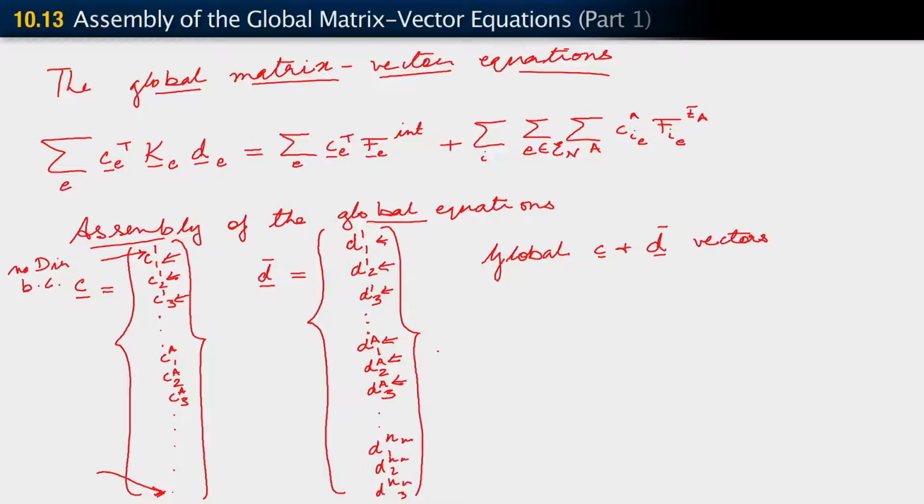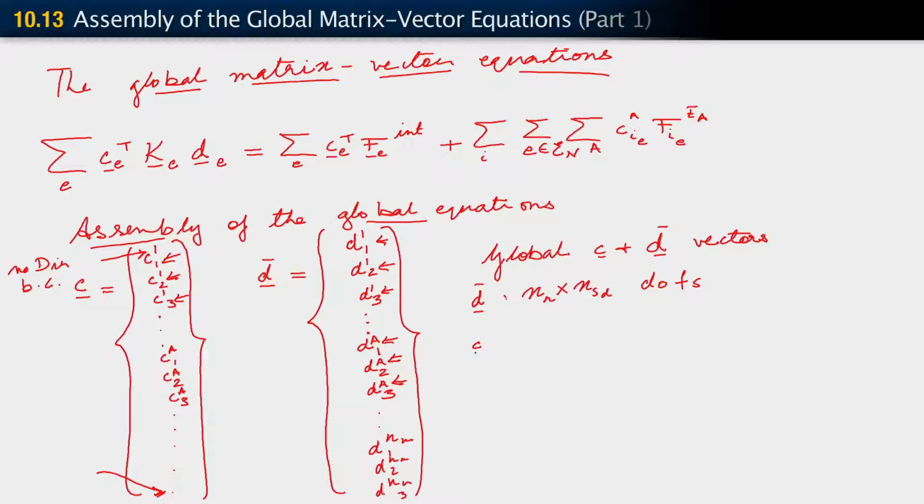Okay, all right? So in this sense, one would say that D bar has number of nodes in the problem times NSD degrees of freedom, or components.